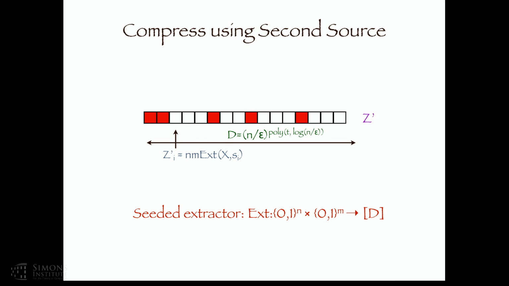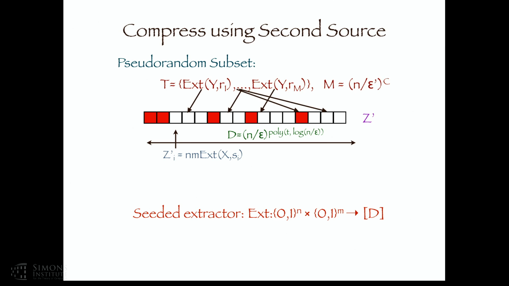But by work of David Zuckerman, we know how to sample using weak sources. So you take a seeded extractor whose outputs each correspond to a coordinate in the string. So y is now the second source which finally appears.